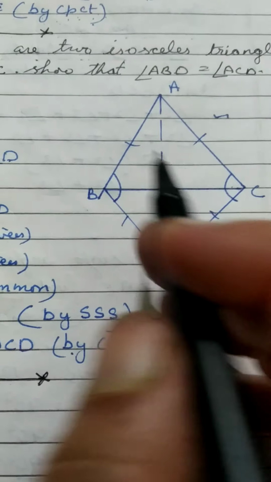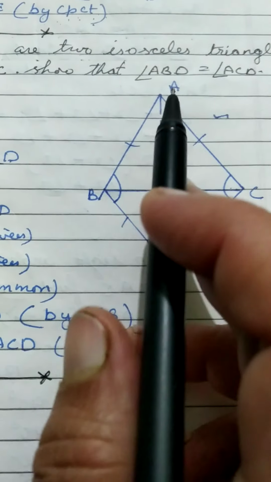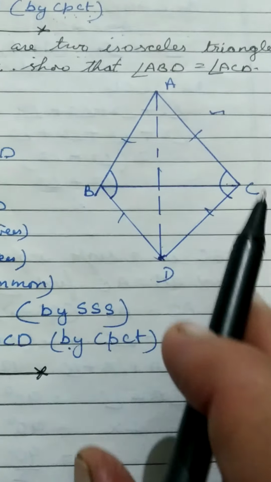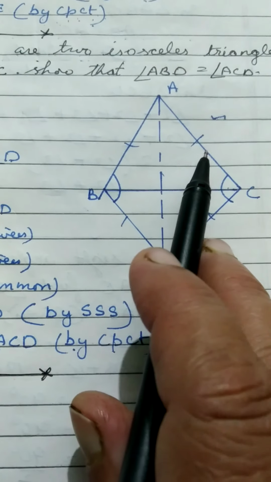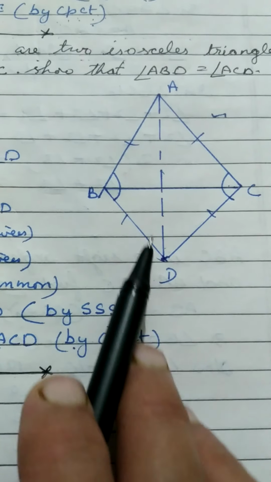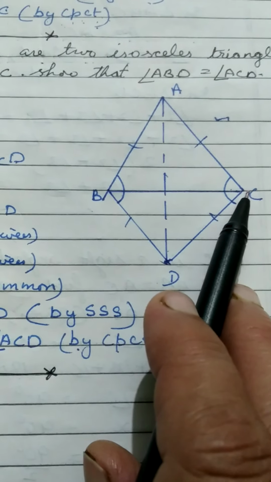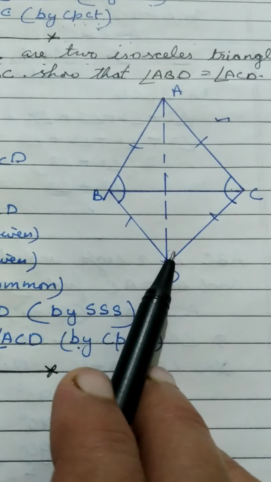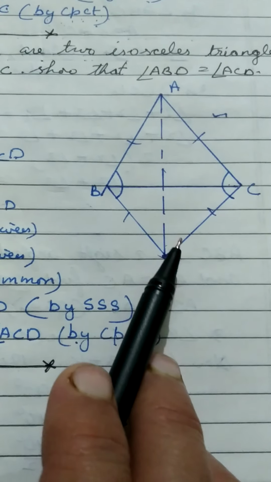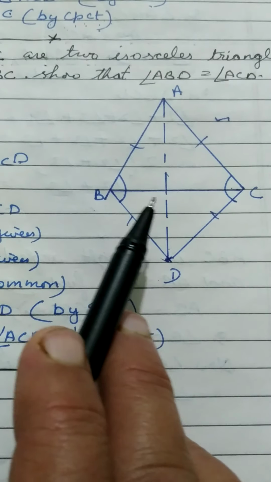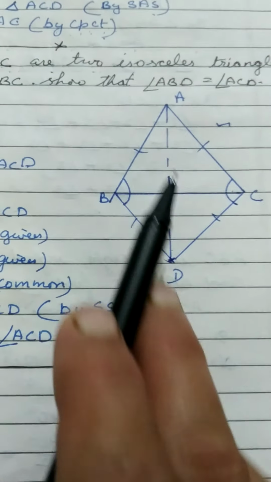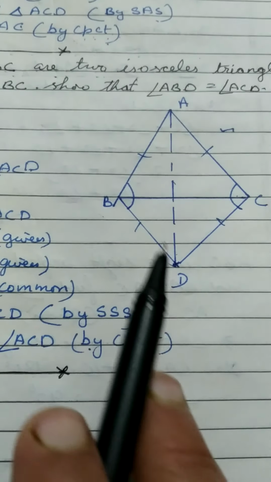Then the proof: in triangle ABD and triangle ACD, AB is equal to AC and DB is equal to DC. It is given. Then we write AD is equal to AD by common, because AD is common in these two triangles.